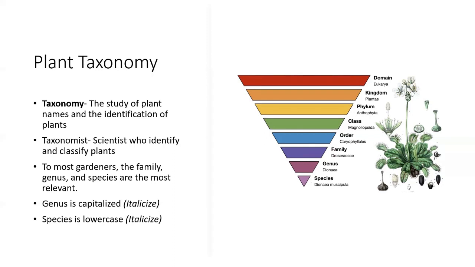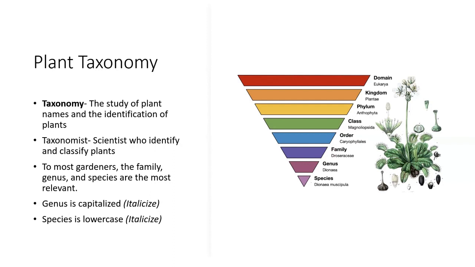However, just as a reminder, going back to your basic classification, we have the domain, kingdom, which we're in the kingdom Plantae. Then of course, phylum, class, order, family, genus, species. Those last three are the most specific, whereas domain is the most broad.